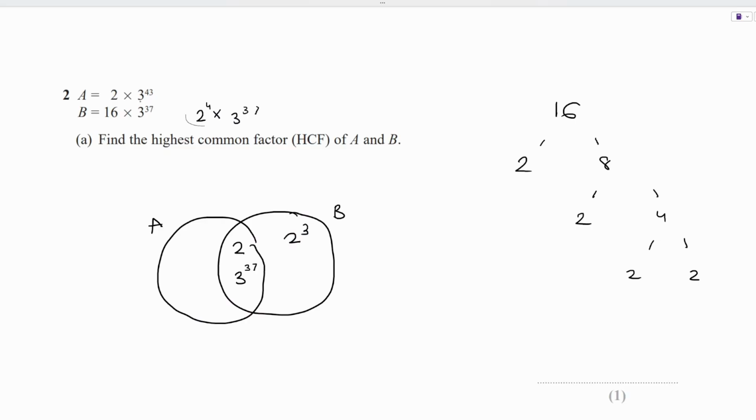And then the remainder, 43 minus 37, is 6, so 3 to the power of 6 can go here. Now to find the highest common factor, what we do is we multiply the numbers in here. So if we were to do 2 times 3 to the power of 37, that's a very large number. So let's keep it written like that.